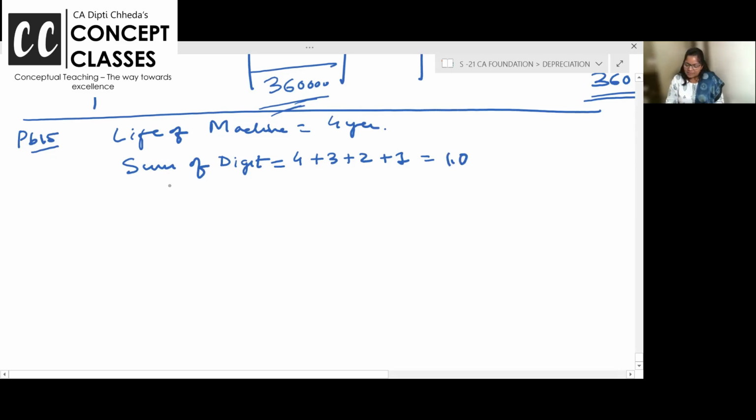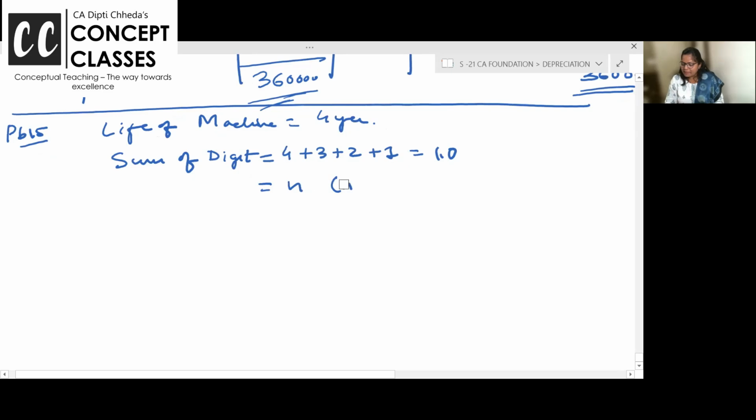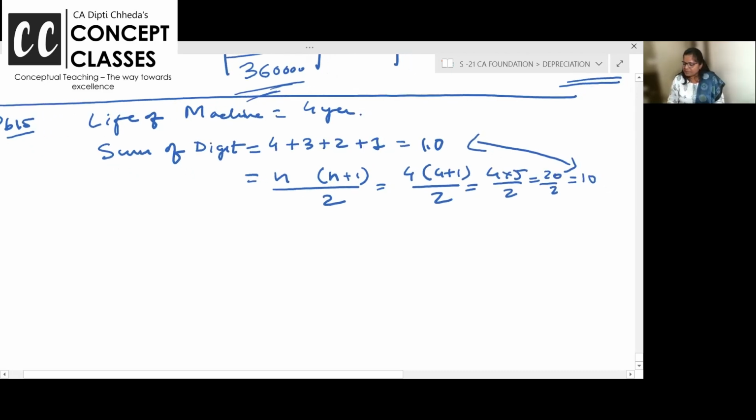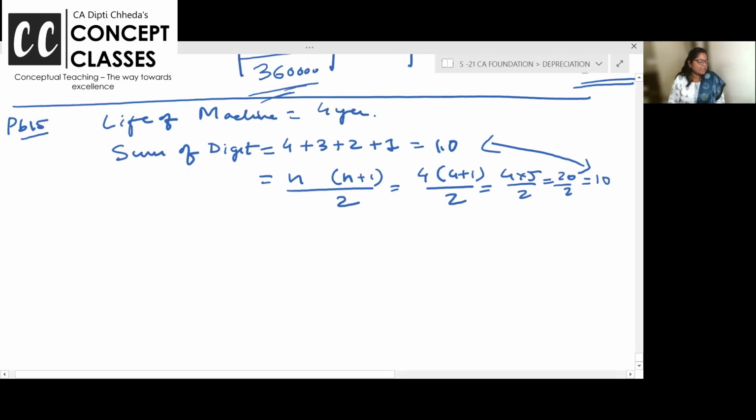Or another method, what did I say? n multiplied by (n plus 1) divide by 2. So 4 years, 4 plus 1 divide by 2. So 4 into 5 divide by 2. 20 divided by 2 is 10. You can do any one method, whatever you wish to do. Sum of the digits. Right?